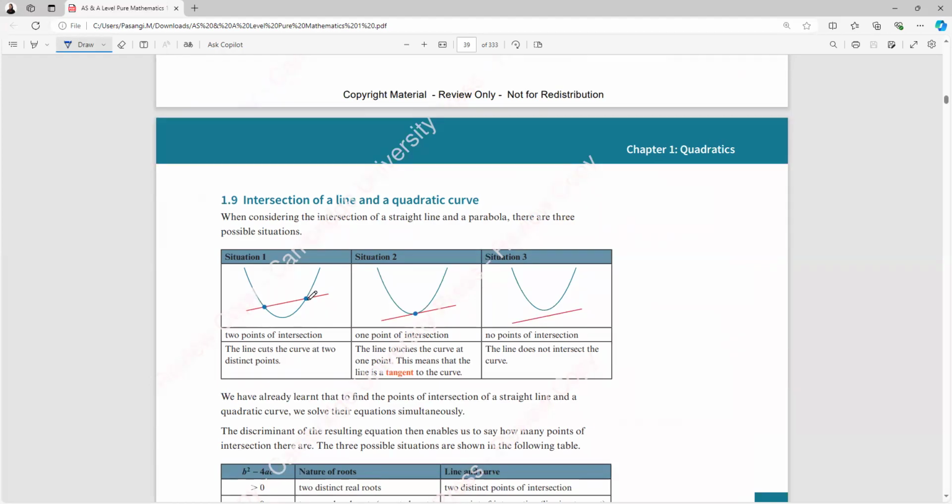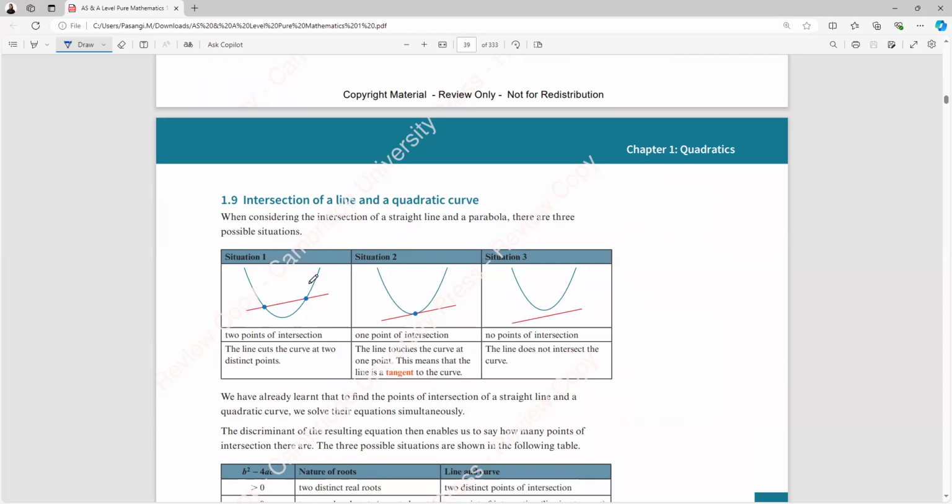One is if we have intersections like this, we call it two distinct points. The line intersects the curve in two different places.